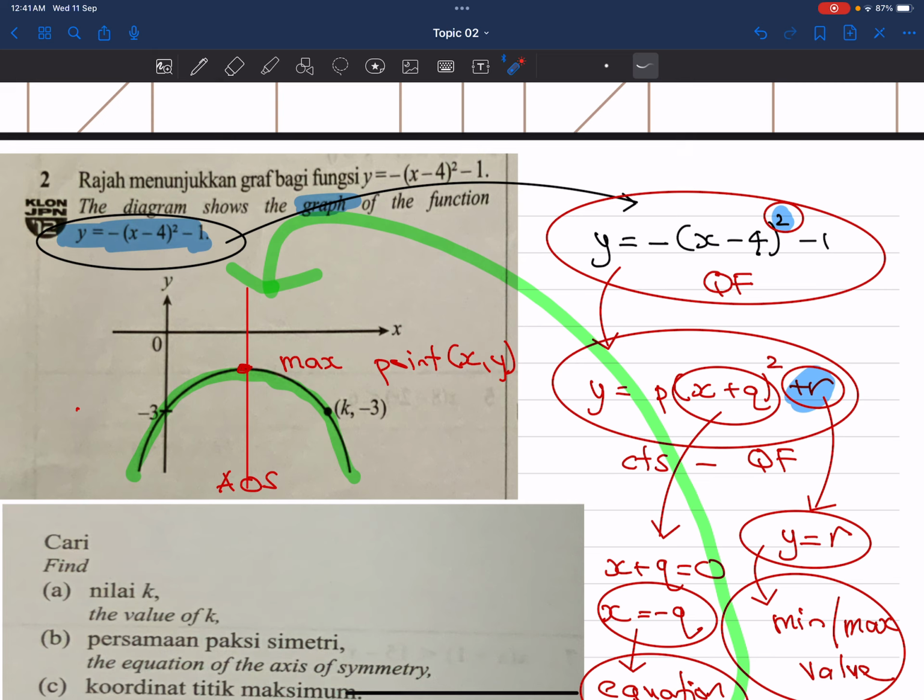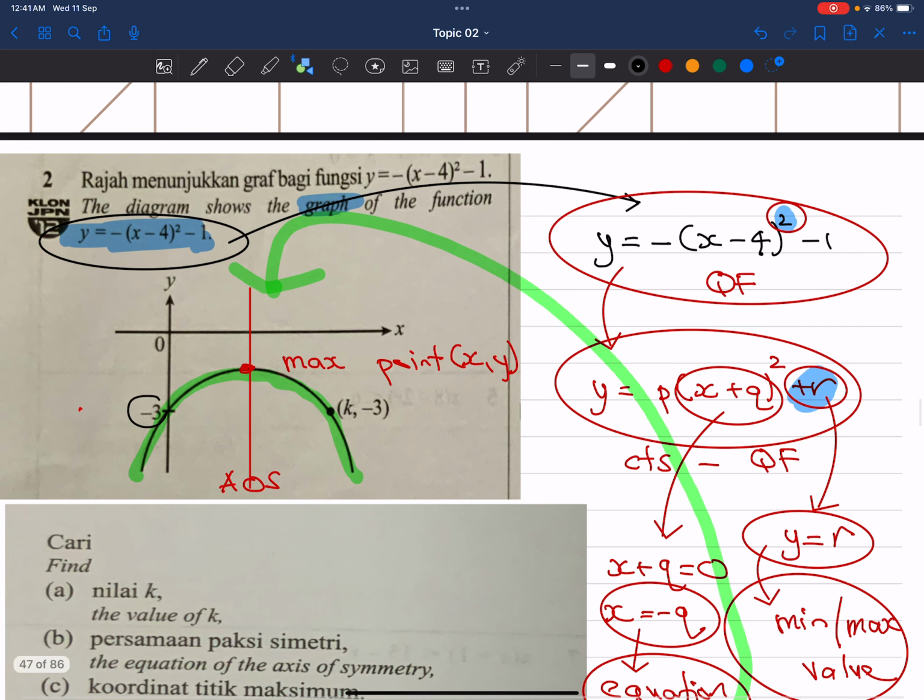Now, where am I going to take this horizontal line I'm going to draw? If you notice, this is the y coordinate, -3. This is also the y coordinate, -3.